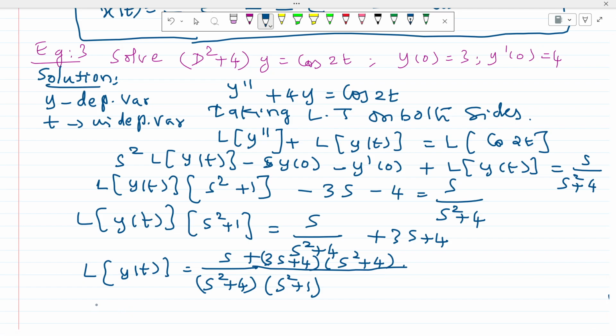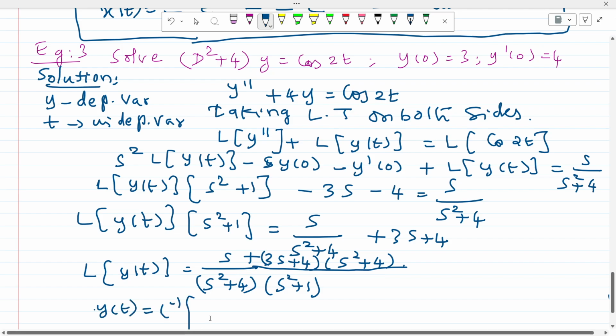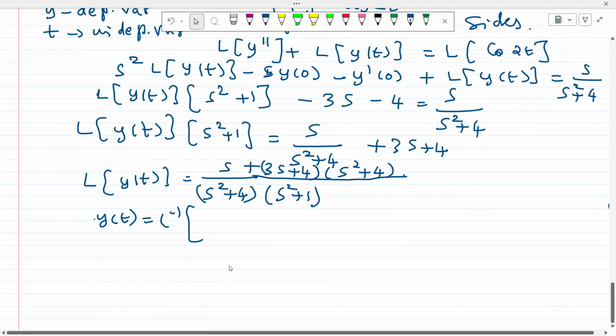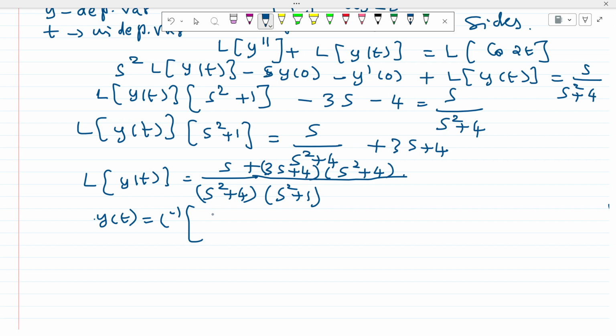So y of t is what here? Y of t equal to L inverse of s plus 3s plus 4 into s square plus 4 divided by s square plus 4 into s square plus 1.